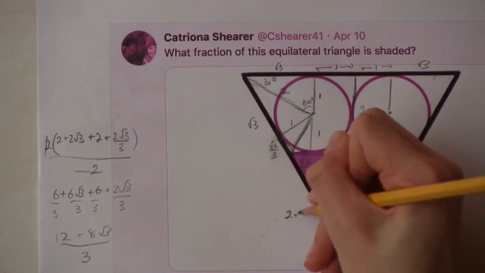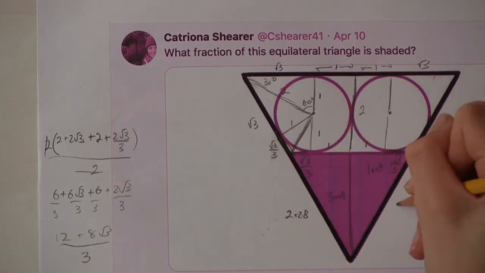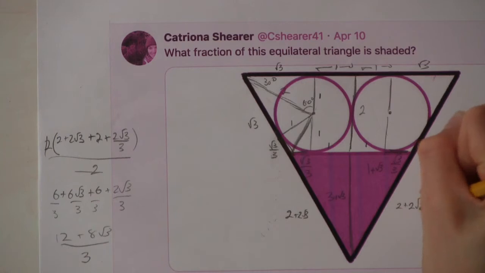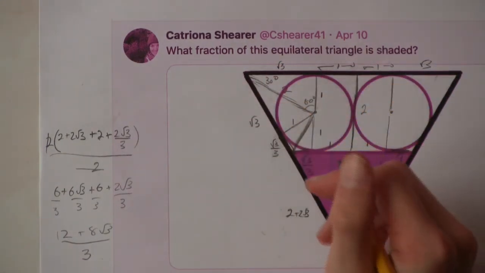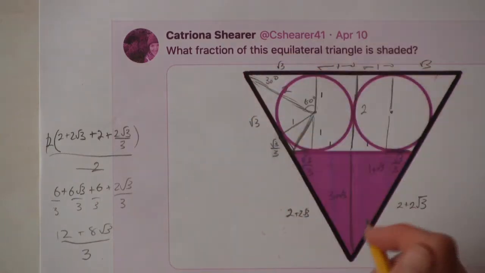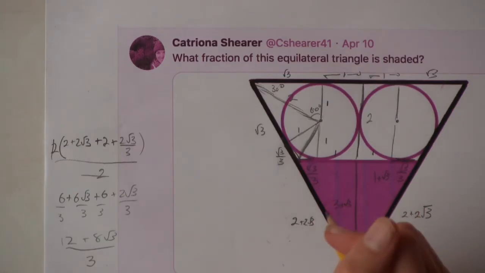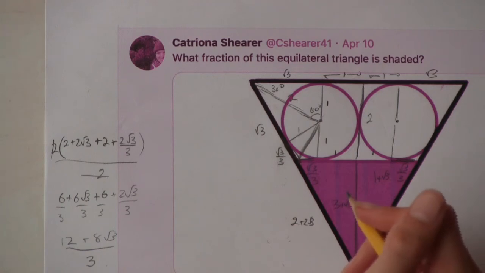This is 2 plus 2 root 3. That means the side length is this combined length: root 3 plus root 3 over 3 plus 2 root 3.